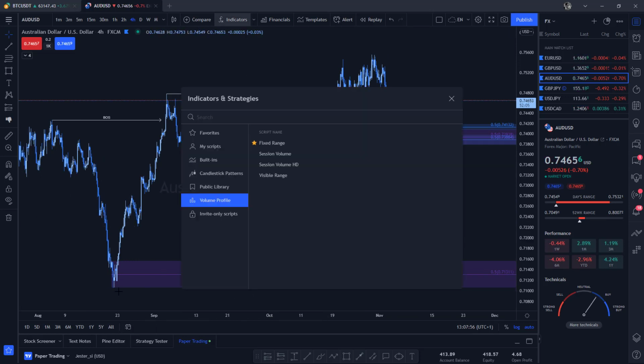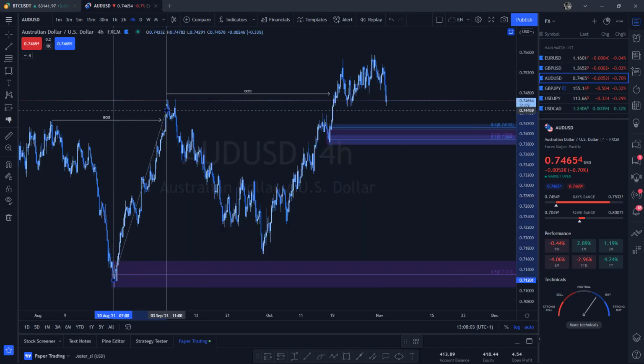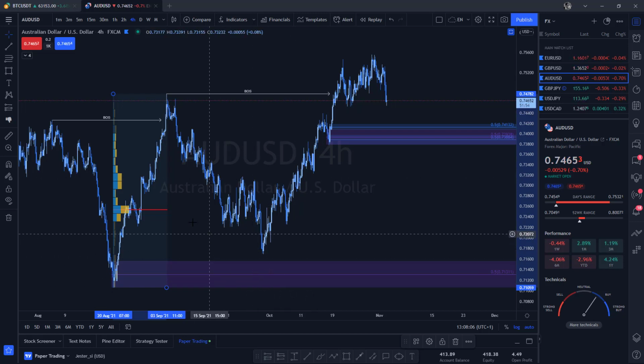You can practice and plot it on the swings, and you see when it is respected and when it is not. So on this move down, it was respected, but there was a lot of imbalance or low volume still down below. So it made equal lows, grabbed liquidity to go higher then.